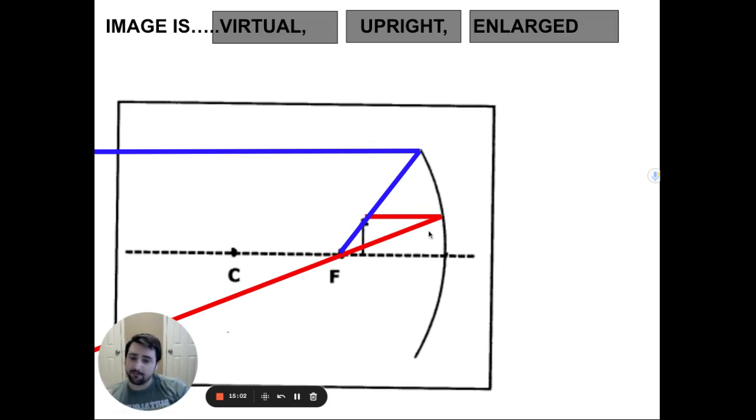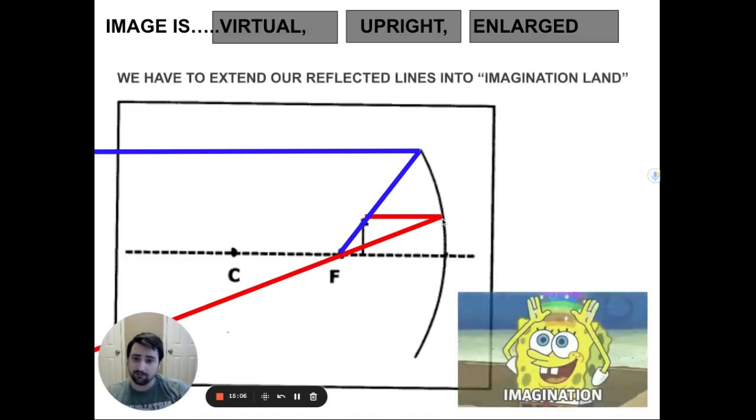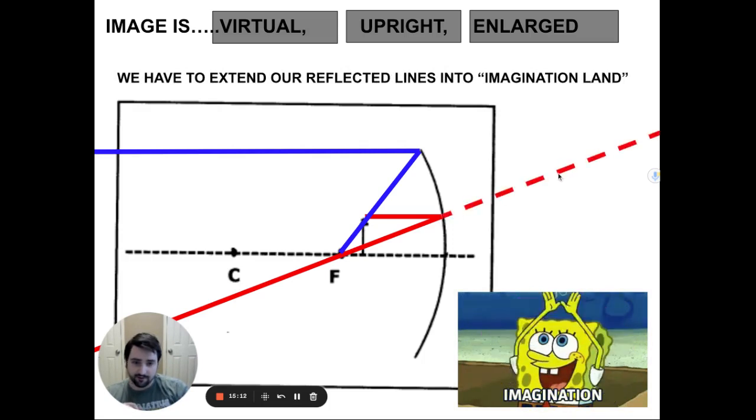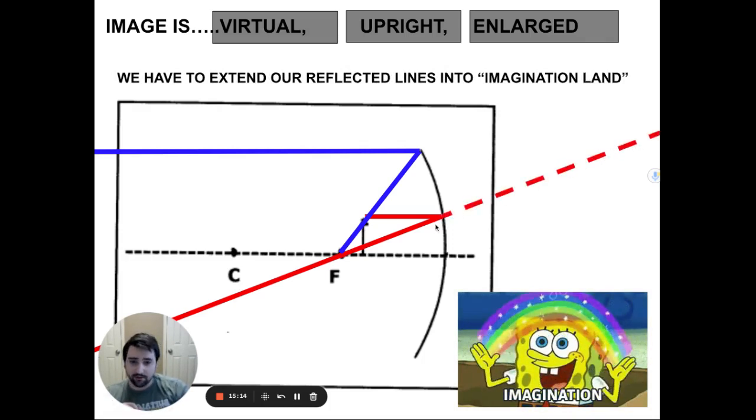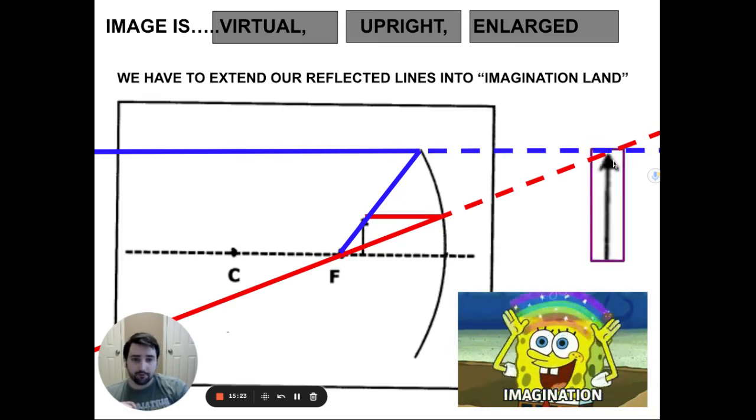But if I extend my arrows into imagination land, into the virtual world, I extend this red arrow, still following the same line, and I extend my blue arrow, following the same line. I do have an intersection on this side. So that's where I would put my object.